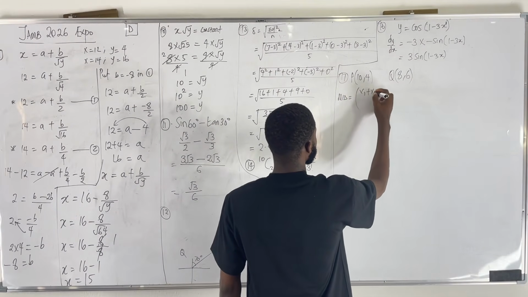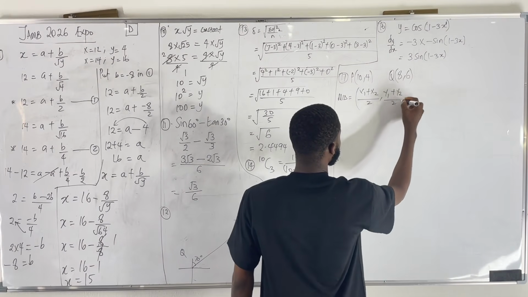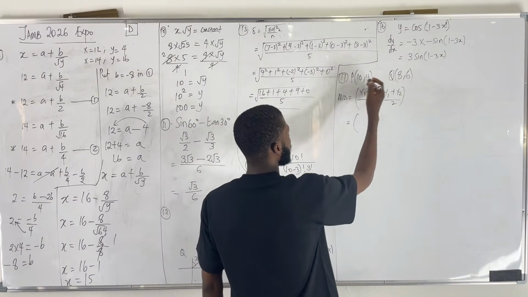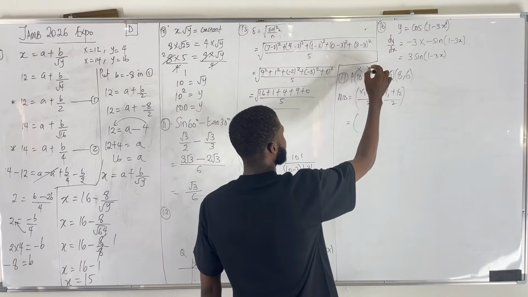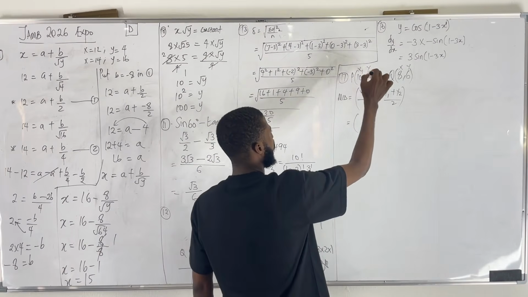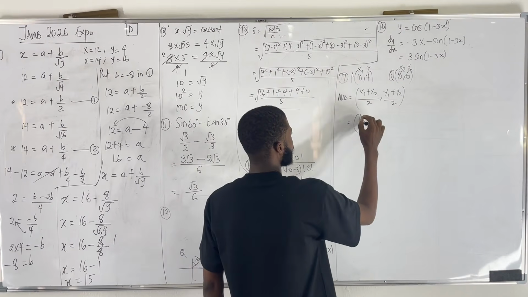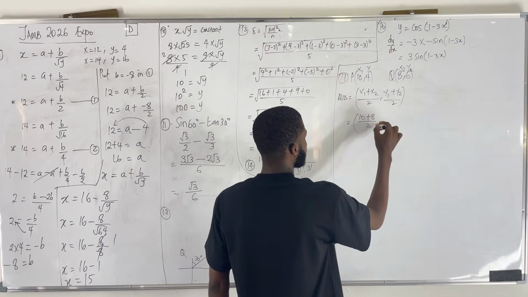Midpoint is (x1 plus x2) over 2, (y1 plus y2) over 2. So let's name our points. This is the first point, x1, y1, and this is x2, y2. So x1 is 10, so this will be 10 plus 8 over 2.